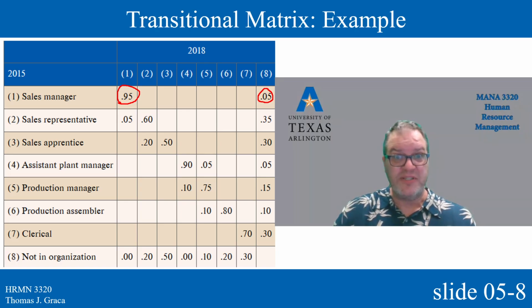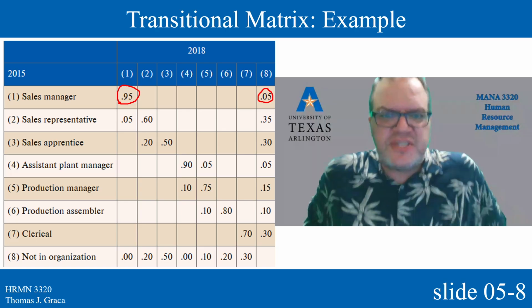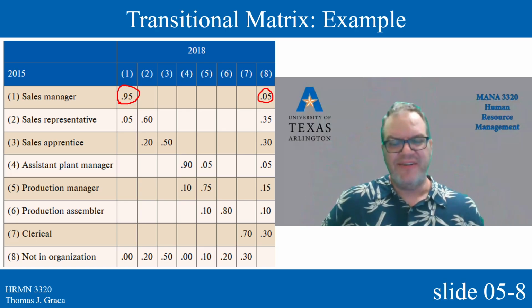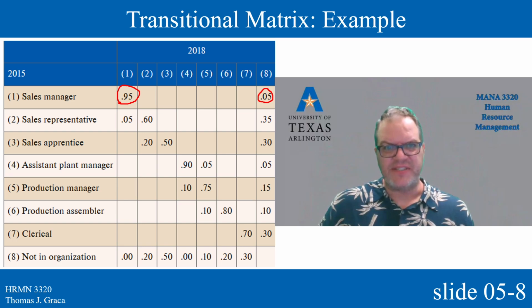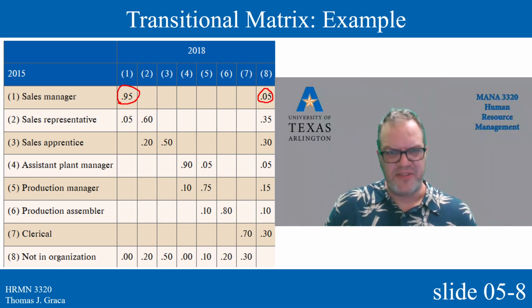Now, I might need more sales managers because my operations have gotten bigger, or whatever. But just in terms of maintaining what I have, I need to look outside for 5%. We'll just do a few more of these rows.